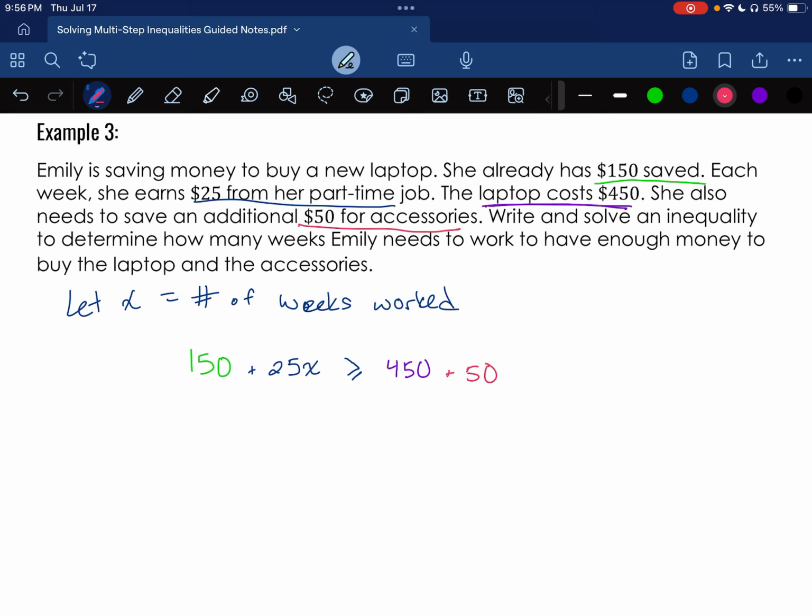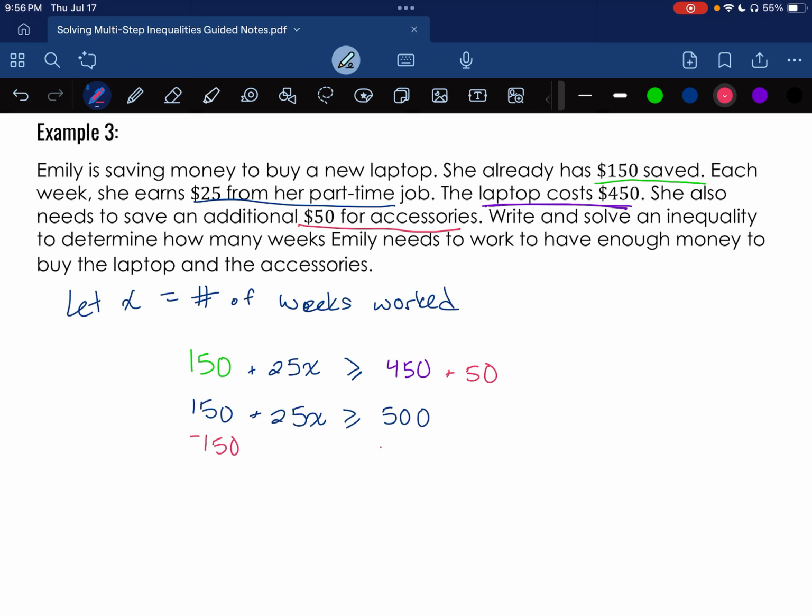All right. So, what's going on here? We need to start combining some like terms. So, on the right hand side, we can combine that 450 and 50. Y'all might have already done that on your own when we wrote the inequality. That's 500. All right, so now I'm gonna take away this 150 here because she's already earned that, right?